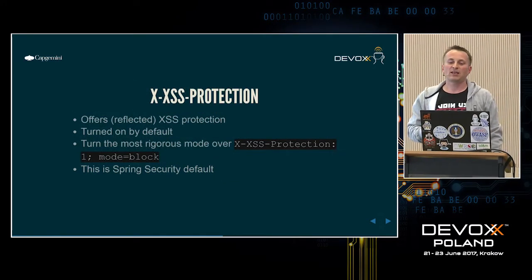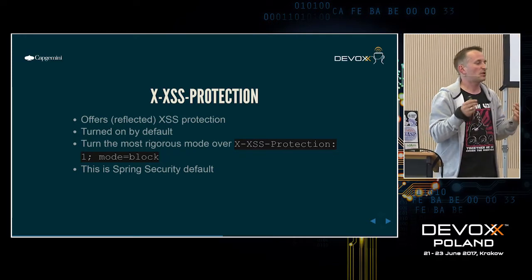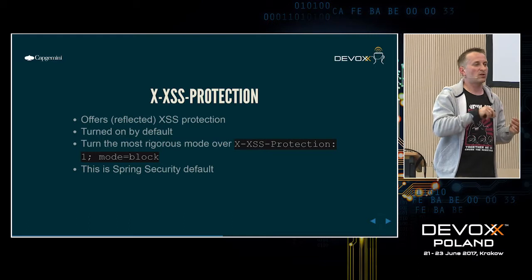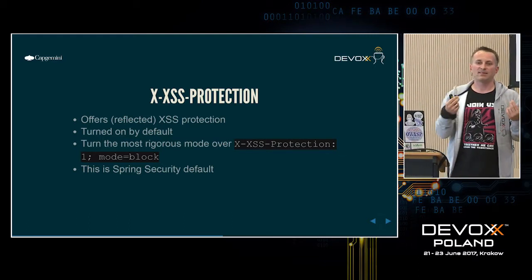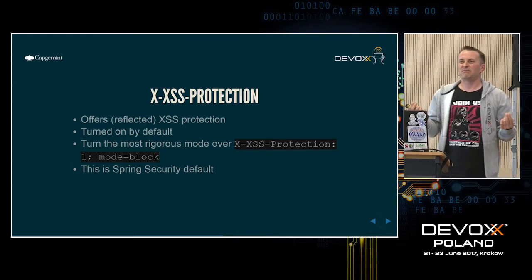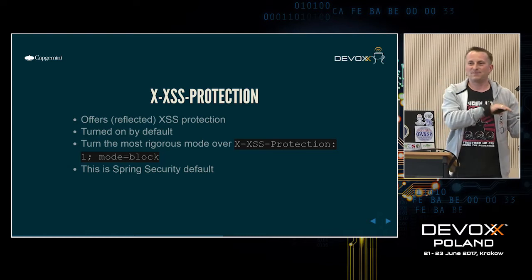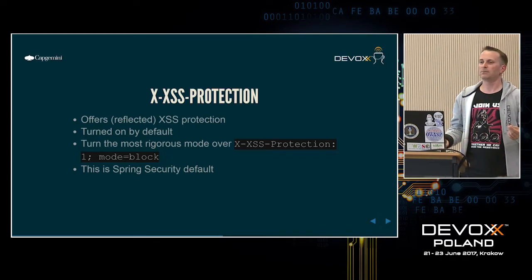Cross-site scripting protection. There is some cross-site scripting protection implemented in your Chrome browser, in your Internet Explorer browser. And it is on by default. First of all, it is a nice thing that such a protection exists, and it usually works well.